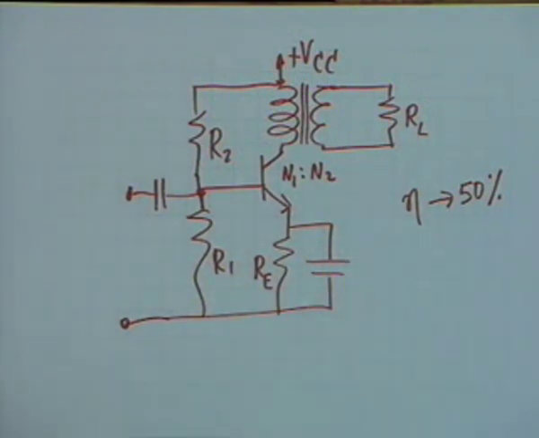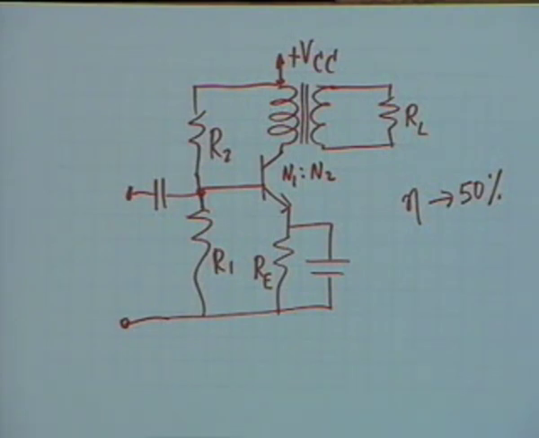It has to be iron cored if it is to be for audio frequencies, and therefore its weight increases, it becomes bigger in size. The rest of the circuit could be accommodated within a very small space, maybe within a matchbox or even smaller than that, but the transformer itself will occupy most of the space and will account for most of the weight.